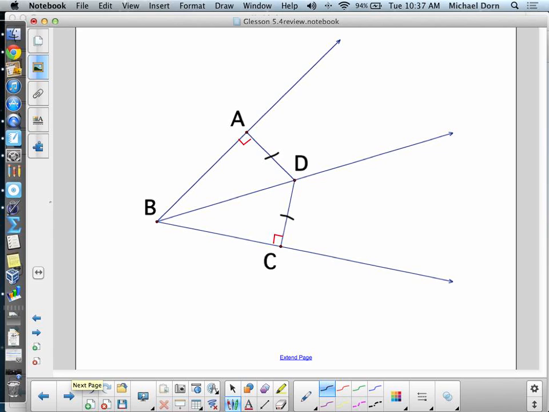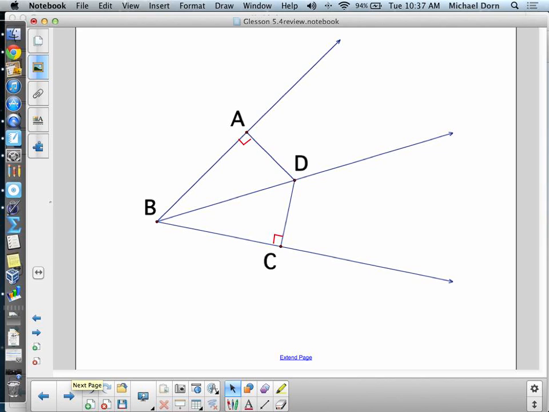Now, is BD an angle bisector? Yes or no? Yes. Why? Because BD is equidistant from both sides of the angle. And any point equidistant from both sides must be on the angle bisector. So if I know this, that means that these must be congruent angles. Okay? But without that, no.